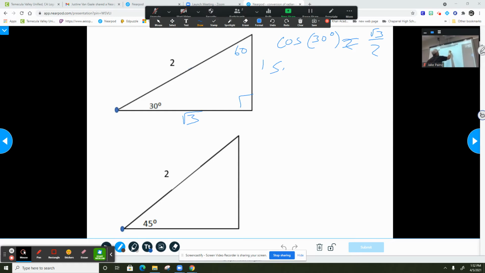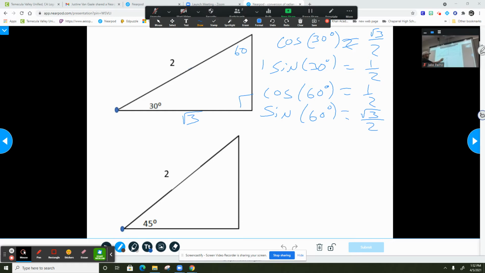I do sine of 30 degrees, that's opposite over hypotenuse, that's 1/2. And if I do cosine of 60 degrees, adjacent over hypotenuse, that's 1/2. If I do sine of 60 degrees, that's opposite over hypotenuse, that's rad 3 over 2.